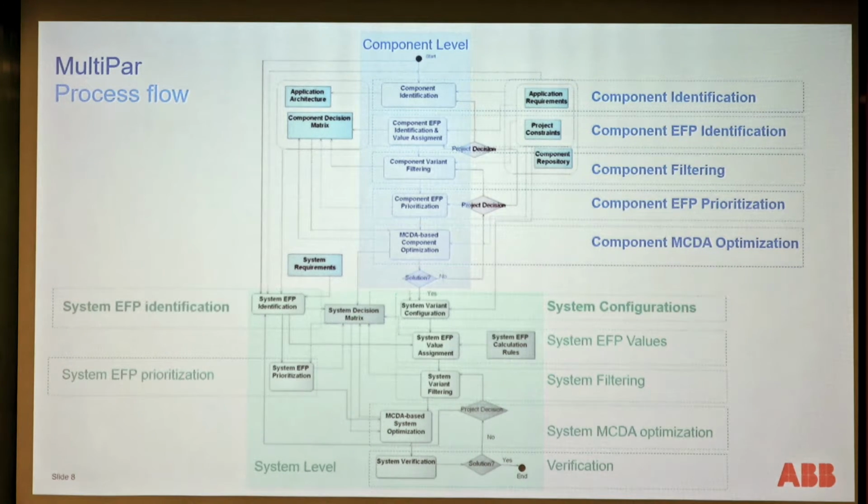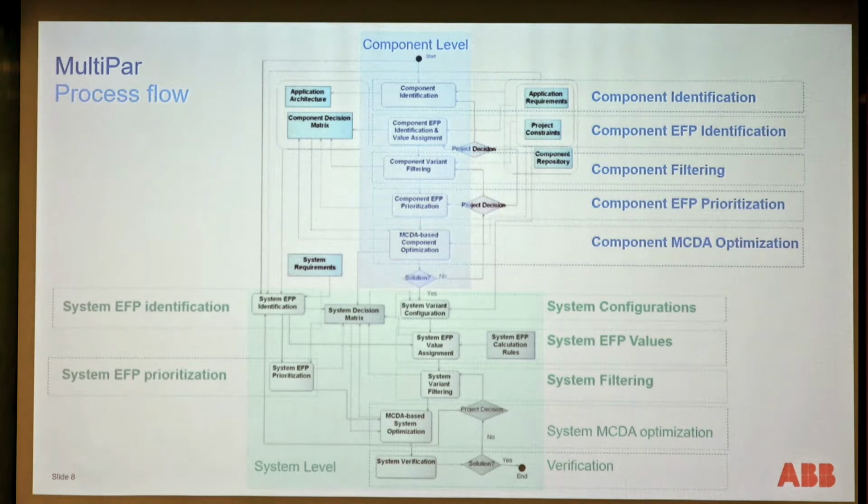We then continue. Some activities can also be performed in parallel to identify the extra functional properties of interest at system level, which might be different compared to the ones at the component level. We prioritize them. We calculate the extra functional properties for the system configurations.